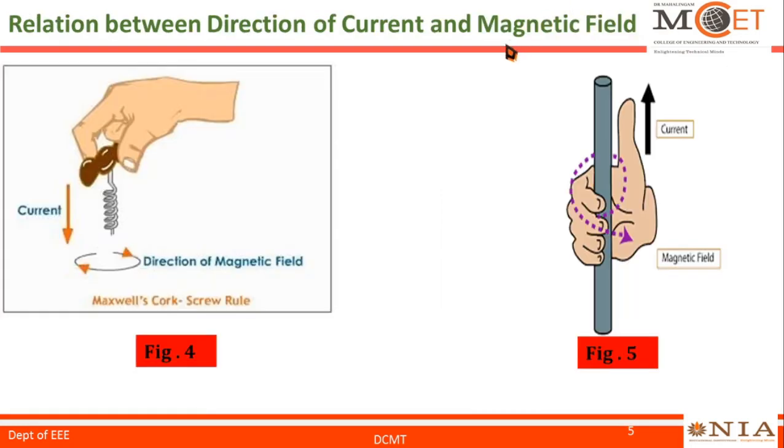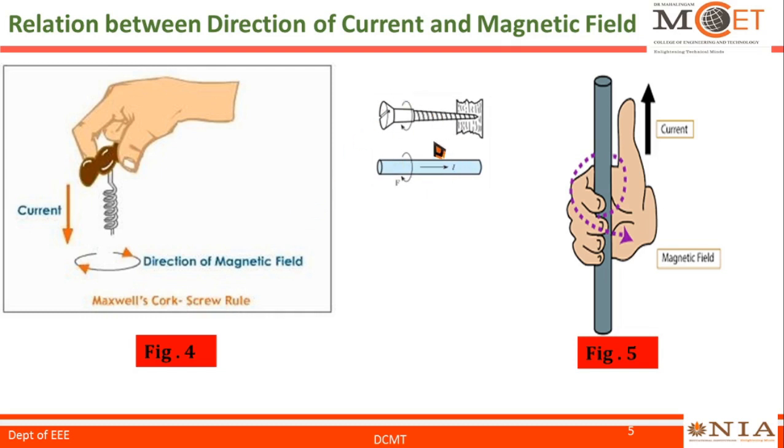The direction of current and direction of magnetic field can be found in two ways. One is using Maxwell's corkscrew rule, and another is using the right hand grip rule. Figure 4 indicates Maxwell's corkscrew rule.